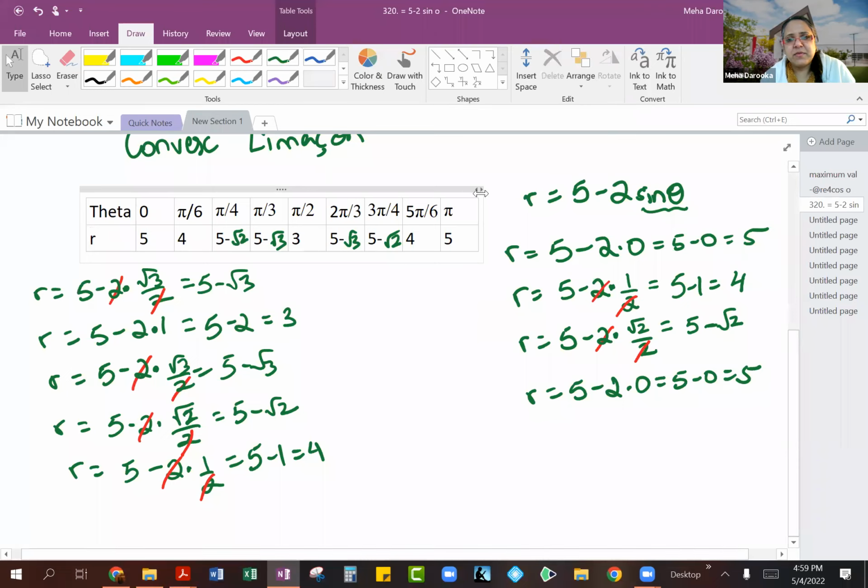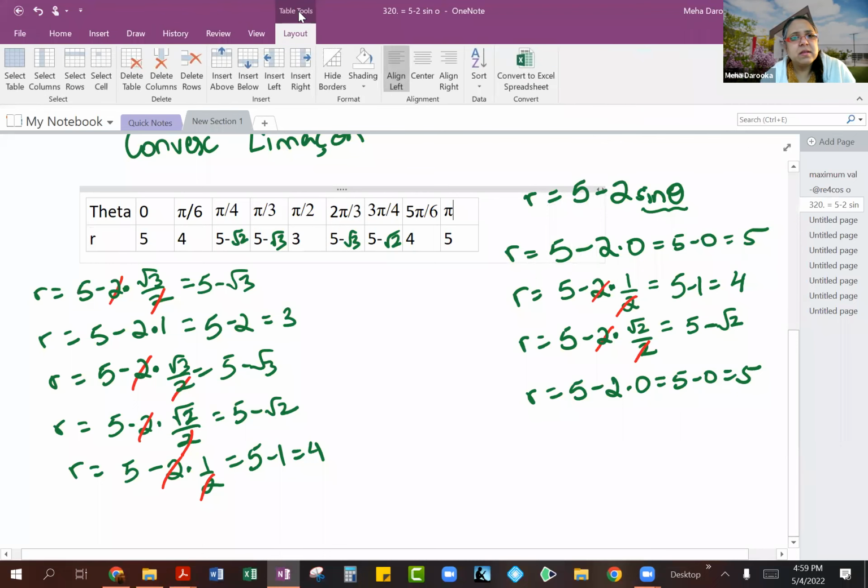I was trying to see if it will let me add a couple extra boxes here at the end. Okay.